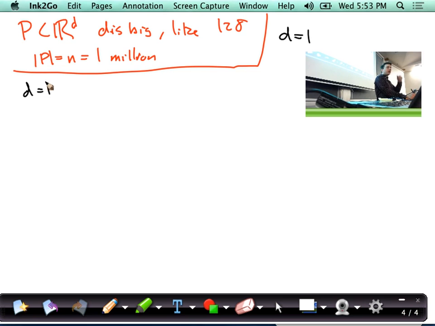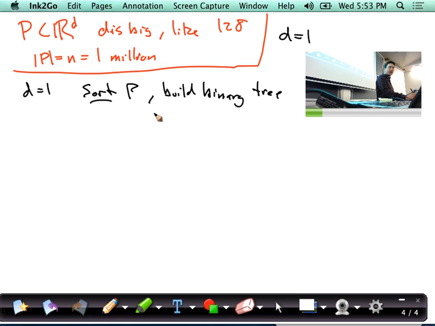With D equals 1, the goal, again, is to pre-process this data set so you can quickly find the nearest neighbors. With D equals 1, you want to sort P, because it's now just one-dimensional, and then build a binary tree. I know we talked about this before, but we'll build on top of it a bit.